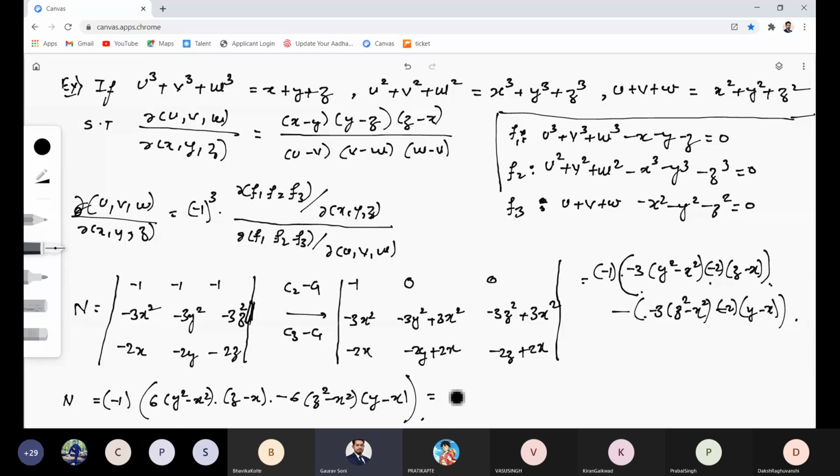So 6 I can take outside, you will have minus 6, plus y minus x I can take outside. Y minus x is in both the terms, even z minus x is in both the terms, and in bracket what we have is y plus x, and there is this minus sign and z plus x.